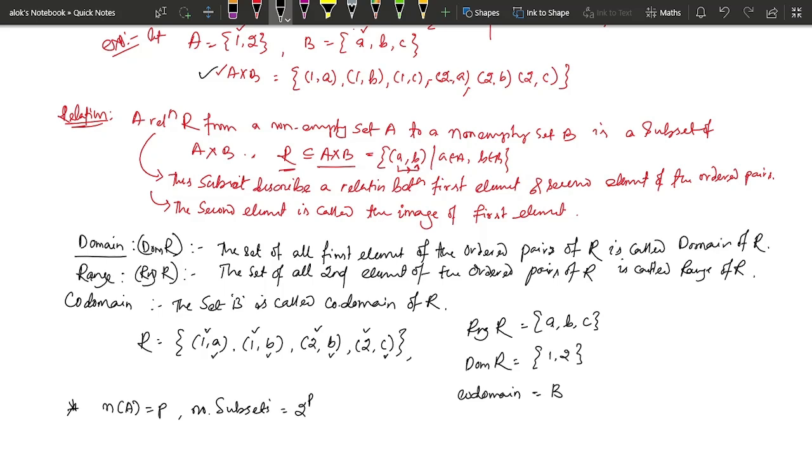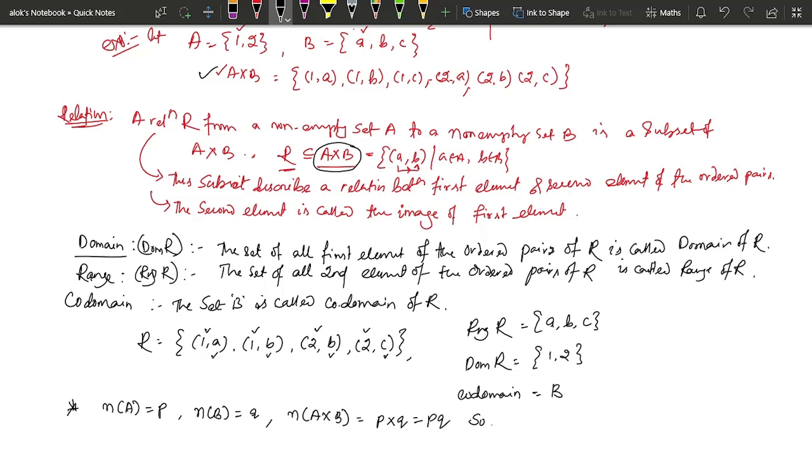So here we are discussing the number of subsets of A cross B. As many subsets as A cross B has, that many relations there will be. Let the number of elements of A be P and the number of elements of B be Q. Then the number of elements of A cross B is simply the product of the number of elements of A and of B, that is PQ.